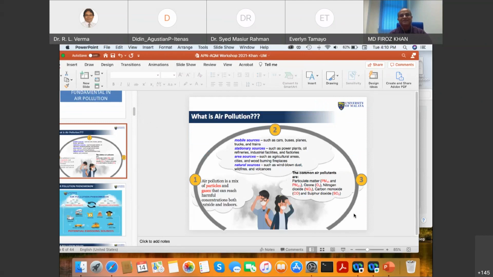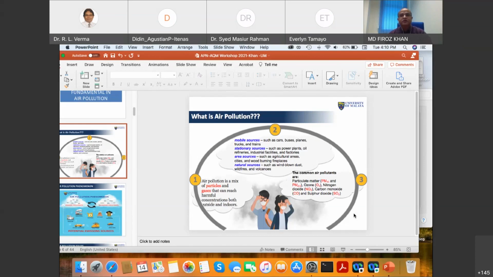To me, when I talk about air pollution, whether in my classroom or in any presentation, the first impression that comes to my mind is that it is something not very good for our health. This is the reaction that comes to our mind when we talk about air pollution.